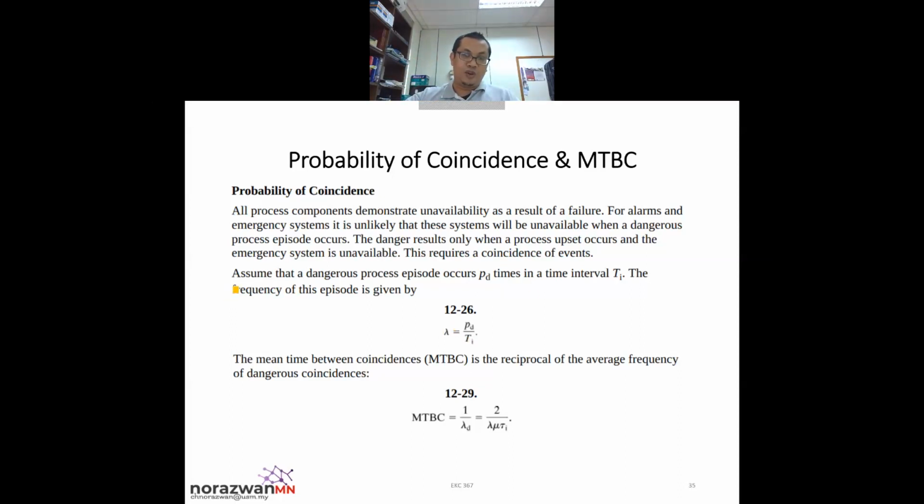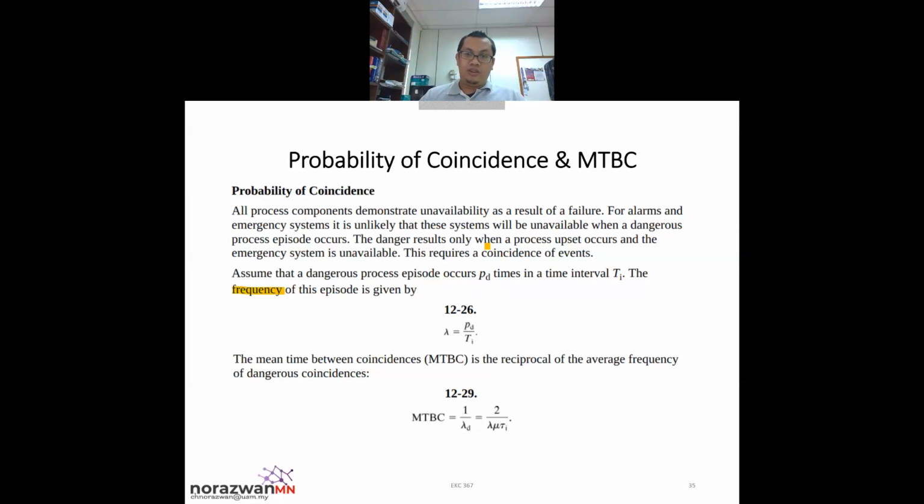You can then find the frequency of the episode, the frequency for this incident to occur where both the alarm system and shutdown system are unavailable.